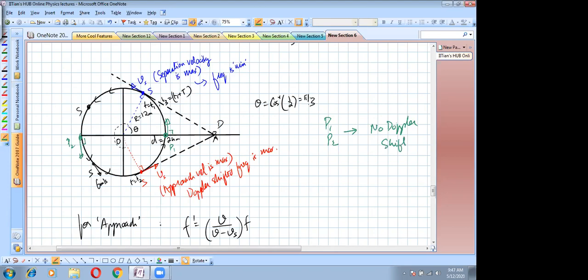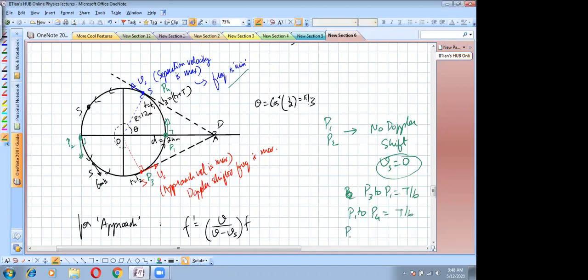Let's say the maximum position I'm labeling as P3. So P3 to P1 takes 1/6 of the time period because the angle is 60 degrees from here to here. Then from P1 to, let's say, P4, where the frequency is minimum and separation velocity is maximum, that again takes T by 6.